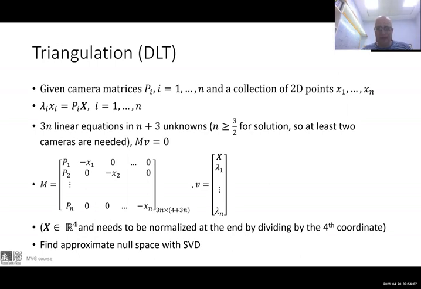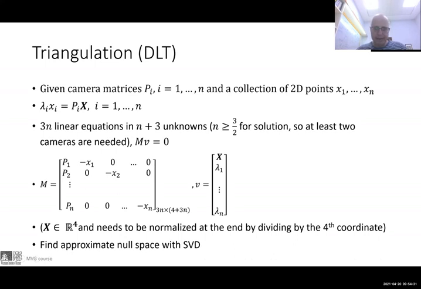Generally, M wouldn't be full rank, so what you do is you find an approximate null space using SVD and taking the singular vector that corresponds to the smallest singular value. That would be the approximate solution of Mv equals 0.